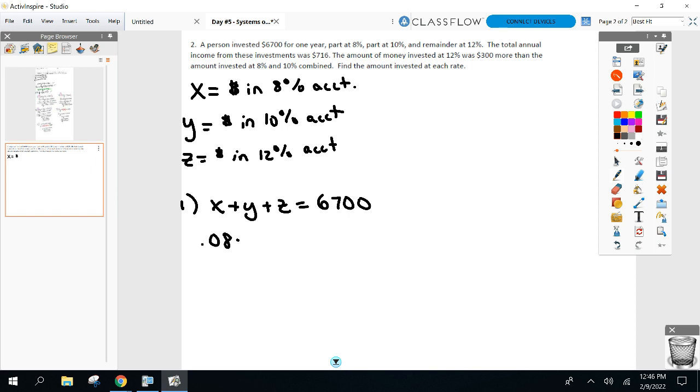So the amount I got back from the 8% account plus, how do I write the amount I got back from the 10% account? 0.10y plus 0.12z. I made $716 from those accounts. Ooh, that doesn't look good.